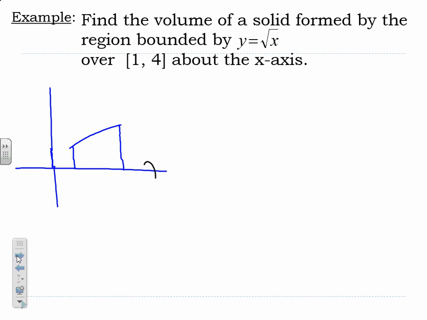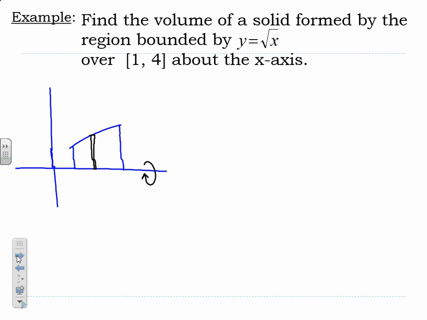We're going to rotate it about the x-axis. The only way we know how to do it is with a vertical rectangle.